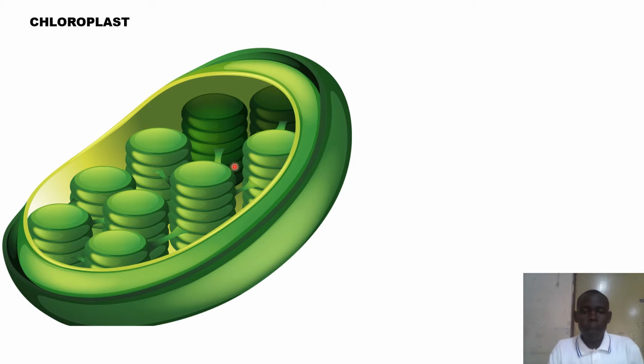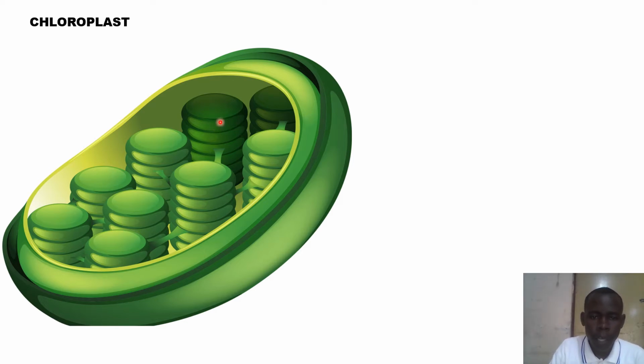But in this lesson, we are not going to focus on the reactions of the light-independent stage. Instead, we are going to focus on the light-dependent stage of photosynthesis, which occurs on thylakoids.